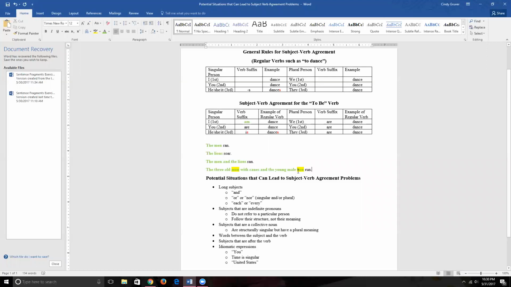And so we know it needs to be run, but this word lion is immediately in front of run, and we're used to pairing a singular word like lion with the word runs. We're used to this pattern. So that's the challenge that we have. And with singular nouns, or we'll say with at least one singular noun.